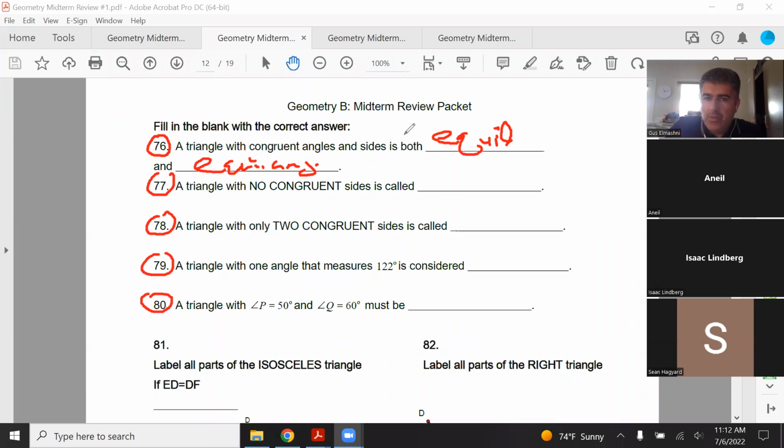Okay, so triangle congruent angles and sides, all the sides are the same, all the angles are the same. It's both equilateral and equiangular. If you have no congruent sides, we say it's scaling. If you have only two congruent sides, you say it's isosceles. The triangle with one angle that measures 122 is considered obtuse because it's more than 90.